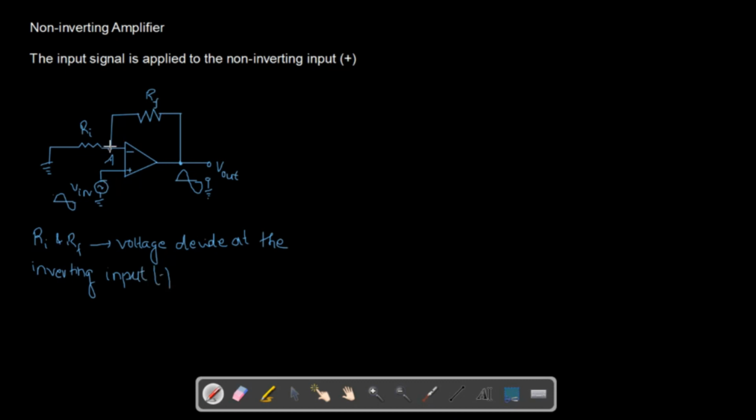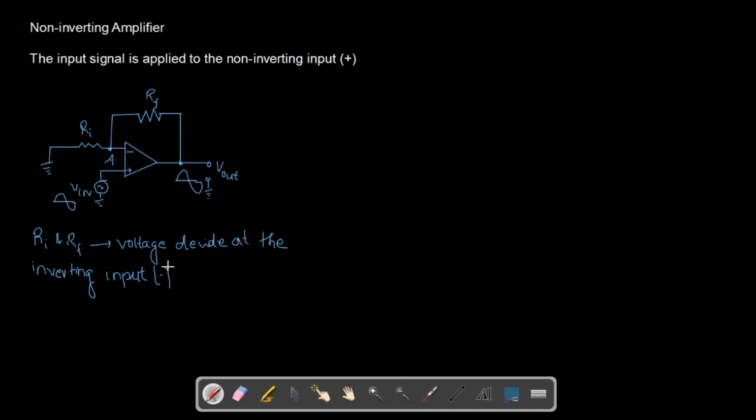So basically at this particular point, if you want to know the voltage at different points, it's creating a voltage divider. You have a voltage across this and you have a voltage across this, okay. So the voltage is getting divided here, okay, and this will provide a negative feedback, okay.